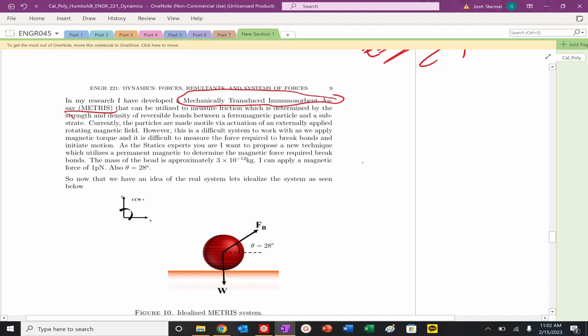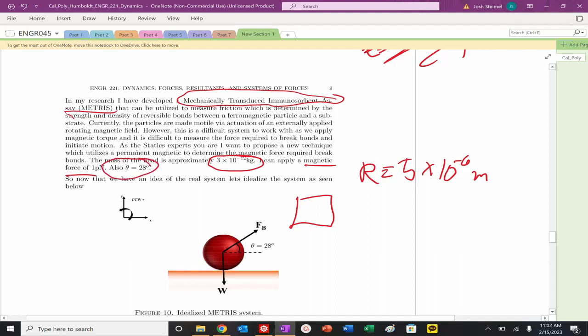So the bead has a radius of around, let's say, 5 times 10 to the minus 6 meters, or 5 micrometers. My mass of my bead is shown here. I can apply a magnetic force of only a piconewton, relatively small. And again, my permanent magnet is essentially over here, and I'm applying it at an angle of 28 degrees.